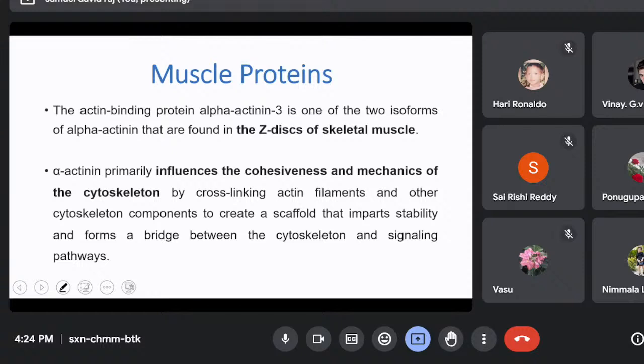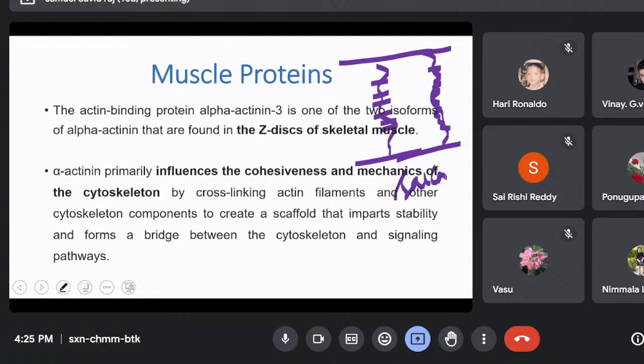So here, this Z line having the actin filaments is the one by which we distinguish what we call the structural and functional unit of the muscle, the sarcomere. What is a sarcomere? It is the region of the muscle fiber present between two Z lines.